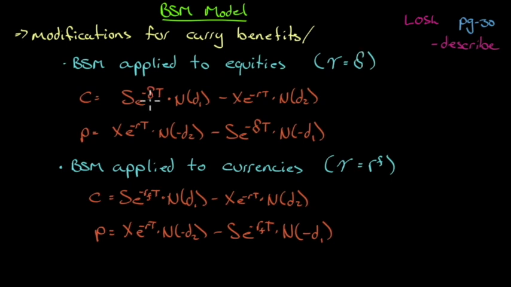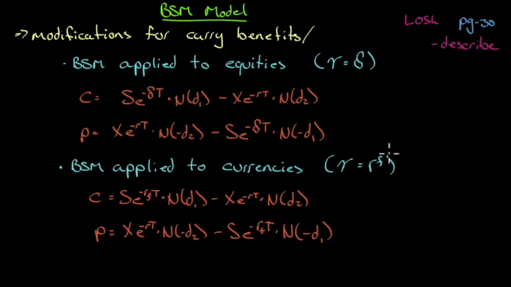So applied to equities, the lowercase delta represents a dividend yield, not just the dividend in dollar terms, but expressed as a yield. You can kind of see that the dividend yield is not constant throughout the year, so it's a close approximation. So just where gamma was, we just added in the lowercase delta.